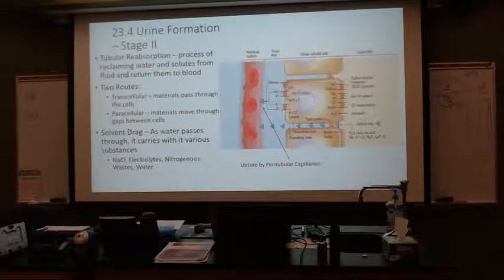One in particular, my glucose, I want to return. I don't want that coming out in my urine. But also my ions, my electrolytes, I want to make sure those get back across. I want to make sure chlorine gets back to the system, because all of those are important in cell function.